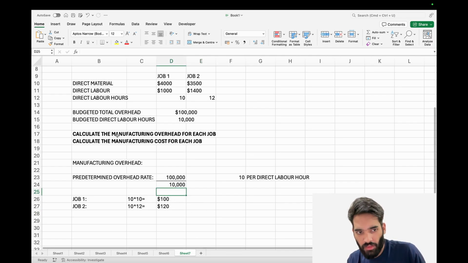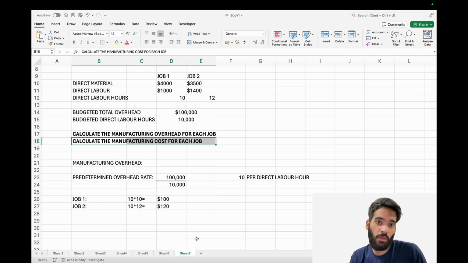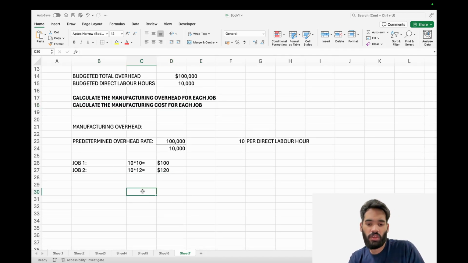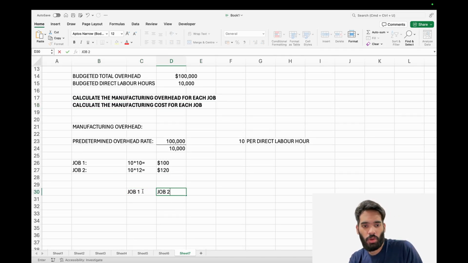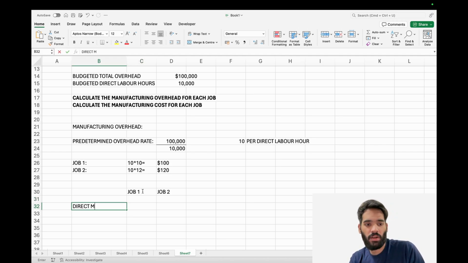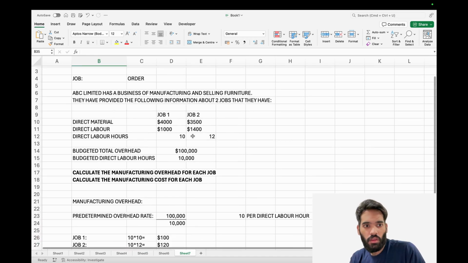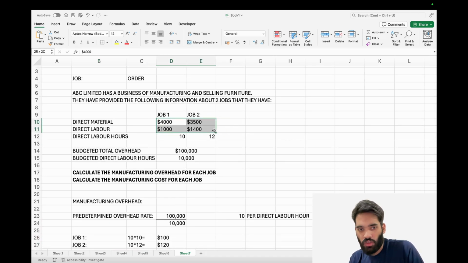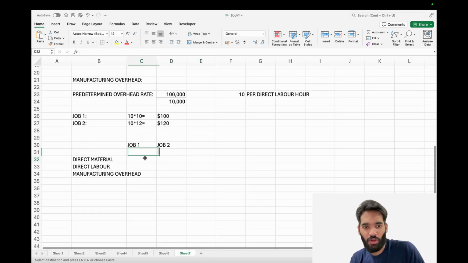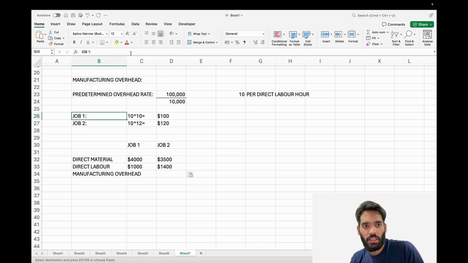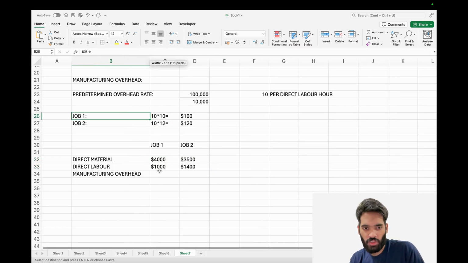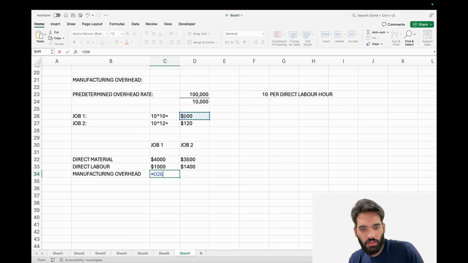Once you know the overheads, we can calculate the total manufacturing cost of each job. Let's do job 1 and job 2. We have direct material, direct labor, and manufacturing overhead. Direct material and direct labor you can just copy from the question, because conceptually they will always be given. But the overhead is what we put from our calculation. Overhead for job 1 was this, and job 2 was this number.